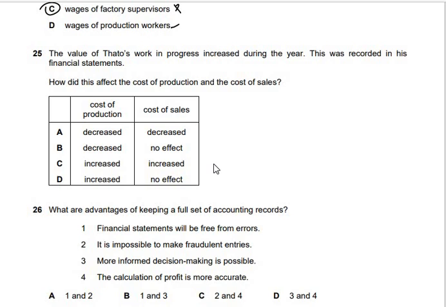Remember, for work in progress, we add the one at the beginning, and at the end we minus. If the closing work in progress increased, the cost of production decreased, right? And if the cost of production reduces, obviously the cost of sales also decreases. So the answer is A.